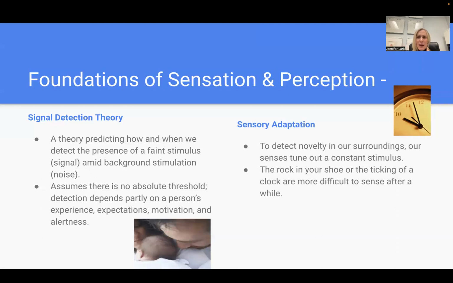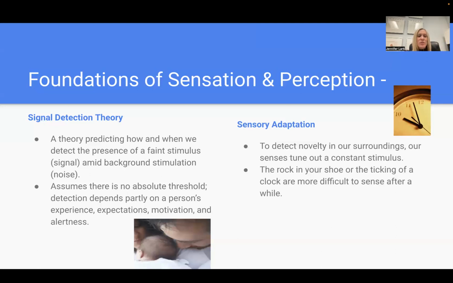Signal detection theory would say, well, if you are a mom who thinks that their child is going to wake up crying every night, if that's your expectation, if you're super motivated to respond to your child's needs as a mom, and if you're relatively alert throughout the night while you're sleeping, like you're not sleeping soundly, then you're going to be far more likely to hear your child crying and to have a lower absolute threshold than a mom who is literally just dead tired, does not want to hear their child crying, is exhausted, sleeps really deeply at night, then you're going to have a different absolute threshold for that amount of stimulus if you're in that state.